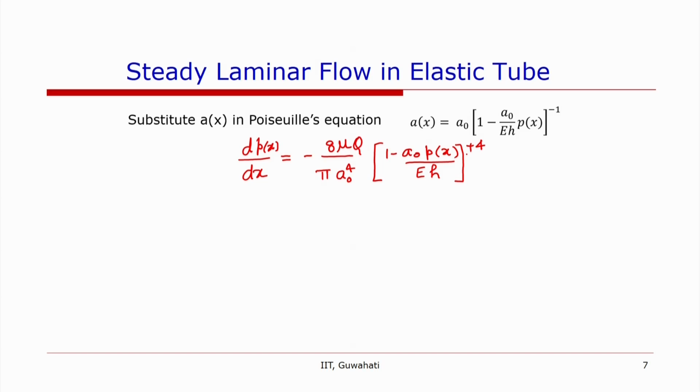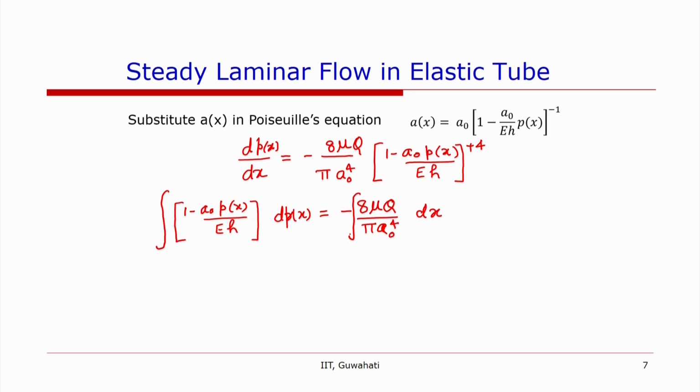Now we have to do a bit of algebra. 1 minus A naught Px over EH, dPx is equal to minus 8 mu Q by pi A naught to the power 4 dx, and integrate it from x equal to 0 to L, and similarly this will be P0 and PL.